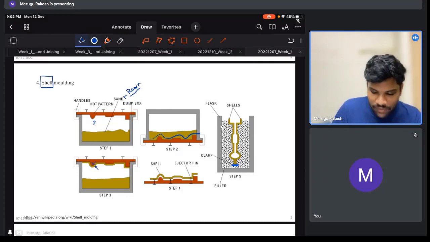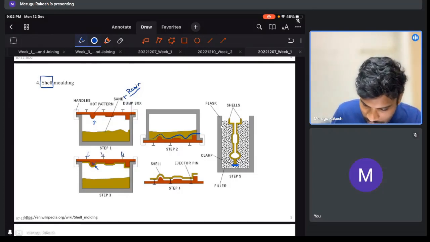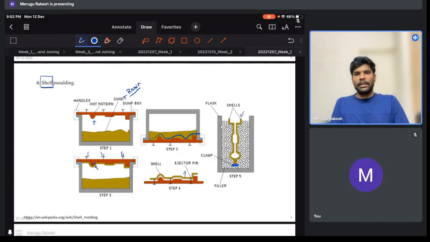Then the ejector pins will eject the shell. When you combine the two shells, you get the final mold. You can directly pour the metal inside. There is no need of patterning, no need of ramming or anything.